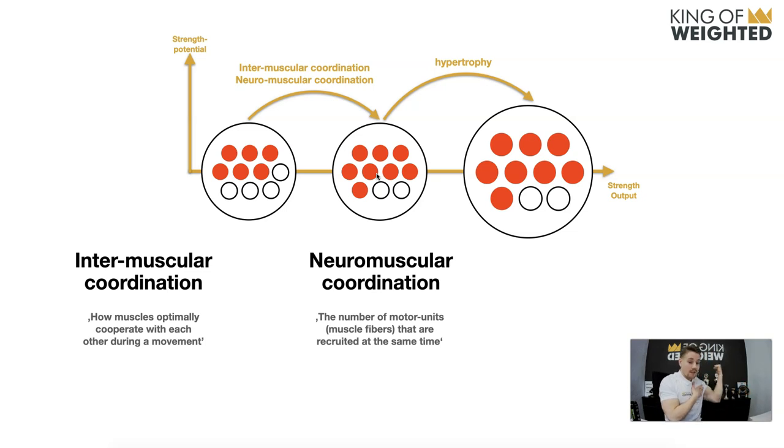So if we take the biceps curl again, the more fibers of my biceps are active at the same time, the more weight I can move here. So neuromuscular coordination tells us how many of the fibers we have are really active at the same time during a movement.